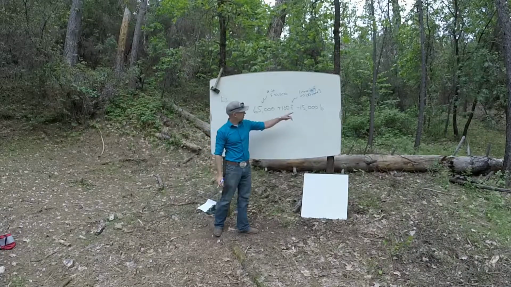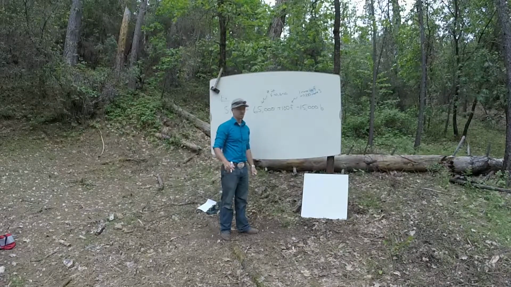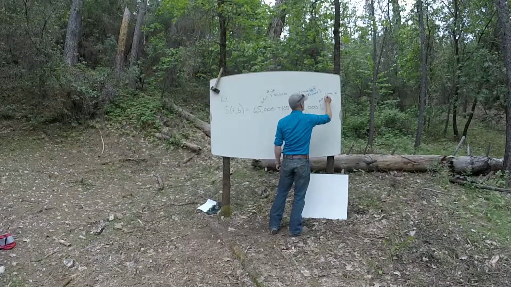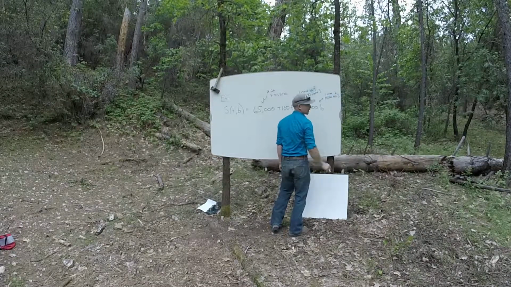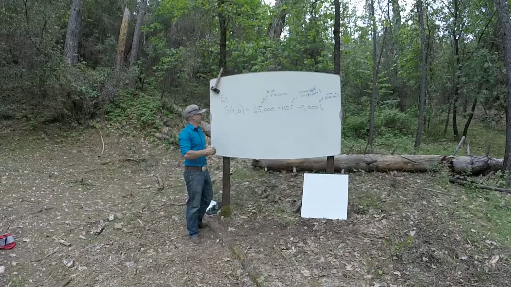Okay, what's minus 15,000 B? It's a negative slope. One more B, 15,000 less S. You guys want to know what the units are on this? Sure.